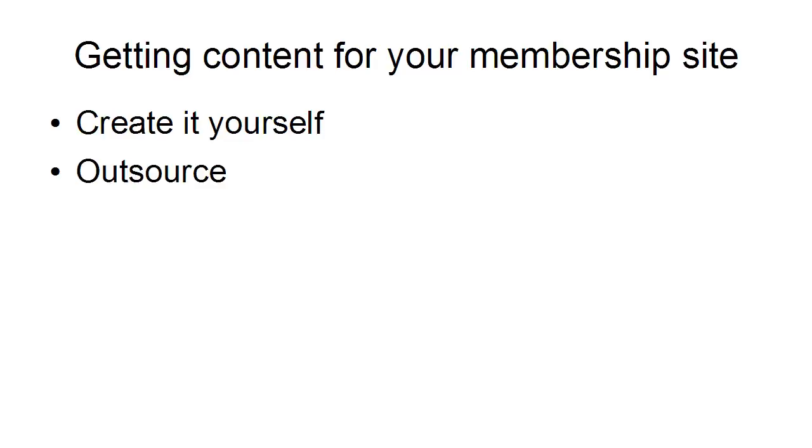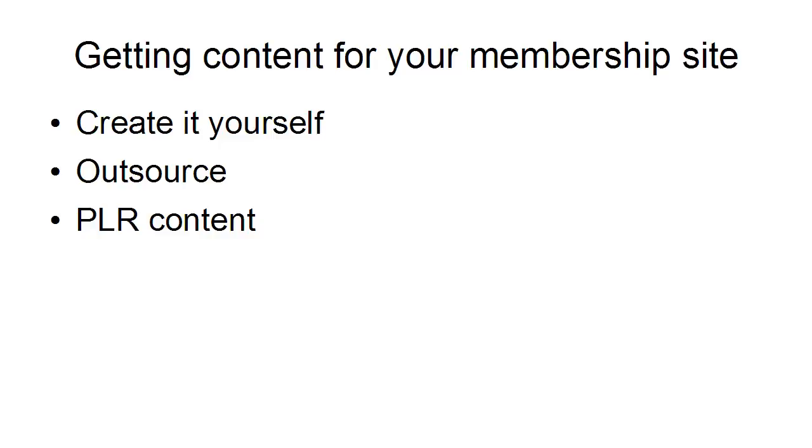So how do you go about getting content for your membership site? Well, there are several different ways. First of all, and probably the most common way, is you can create it yourself. Or you can outsource it. You can get someone who's an expert on the subject to create it for you. Another good way of getting content for your membership site is PLR content.